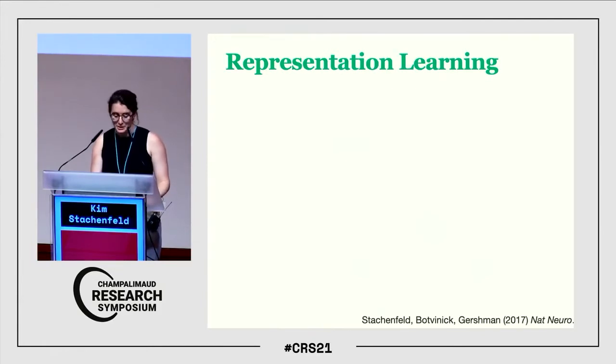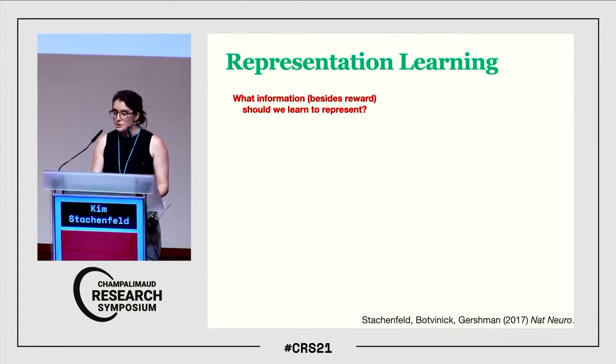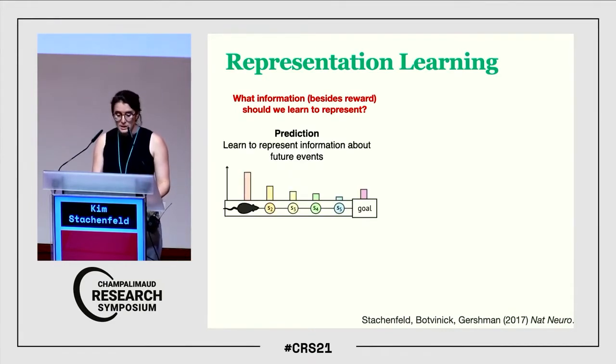So these are really the key questions that we'll deal with. The first is, if reward is sparse, if that's not giving you a very strong signal, what other information about the environment should you start encoding? One answer to this question that we used is the idea that you should try and make predictions about what's going to happen next. So basically, you're going to represent your current state in terms of future outcomes that might happen.